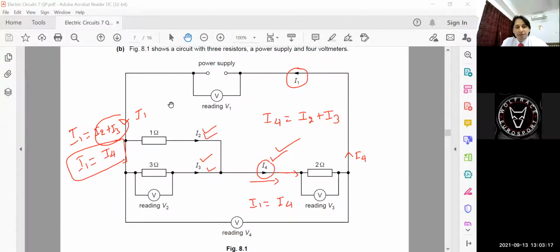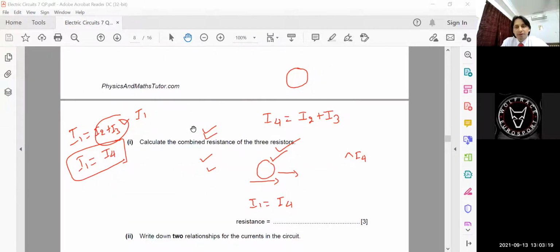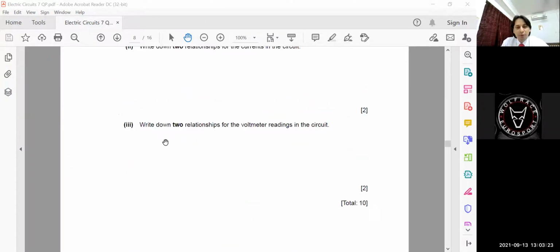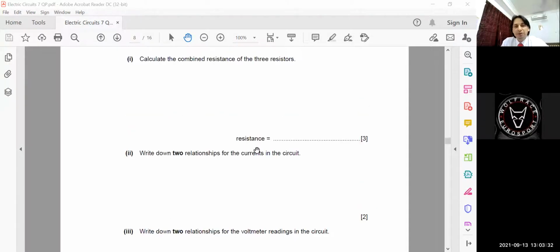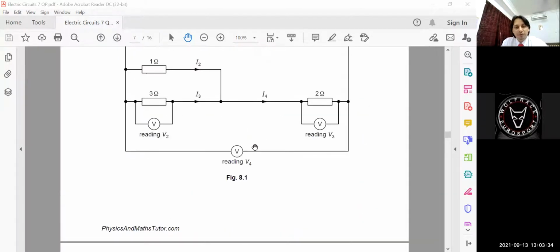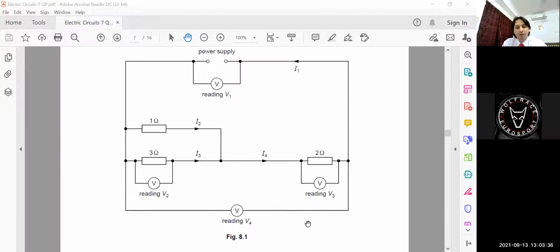Next part: write down two relations for the voltmeter reading in this circuit. Now you have to look for the expression for voltmeter from this circuit diagram.